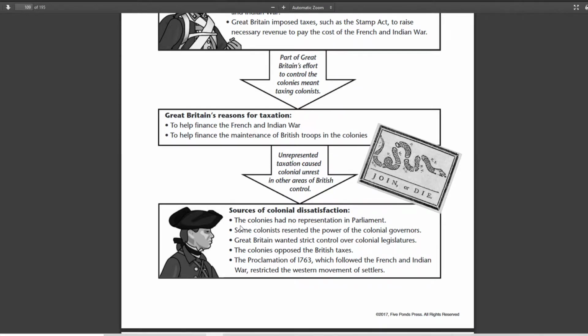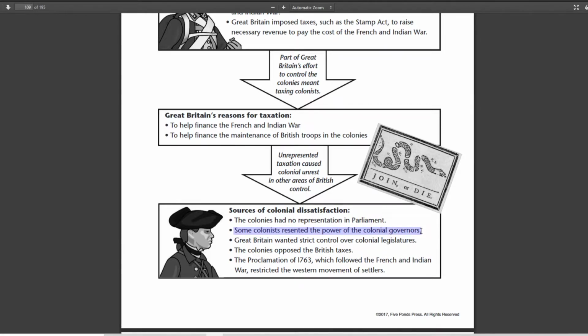And the reason why, and this is very important, here we have the reasons why the colonists were angry. Of course, they didn't have representation in Parliament, which was not a big deal until they got the taxes, which is right over here. They opposed the British taxes. Some colonists resented the power of the colonial governors.